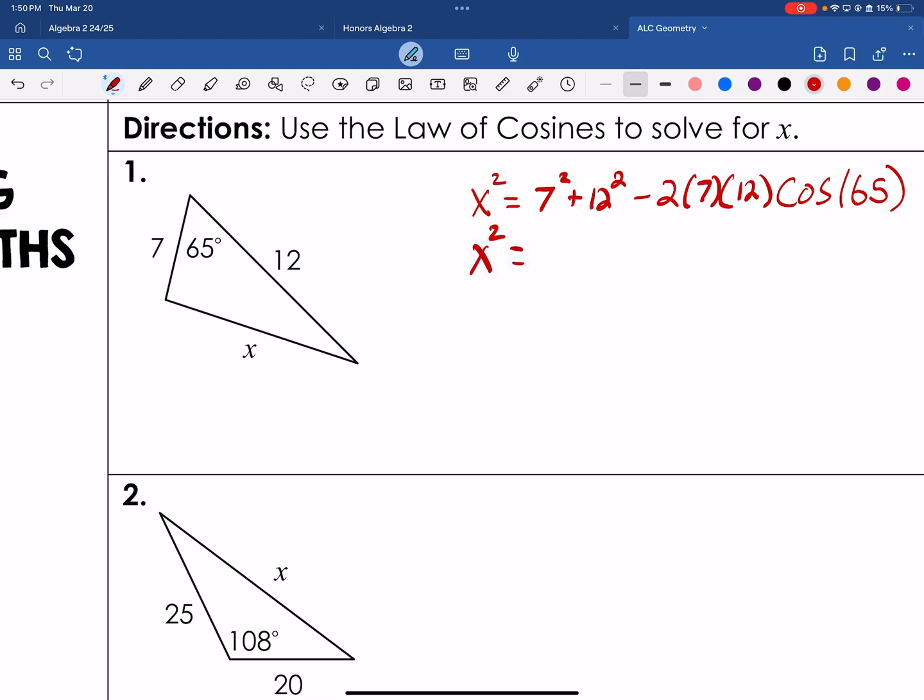Hit minus 2, and then after the minus 2, hit an open parenthesis. Just do it exactly like that. Parenthesis 7, parenthesis 12, and then cosine 65. Close the parenthesis, hit equals.